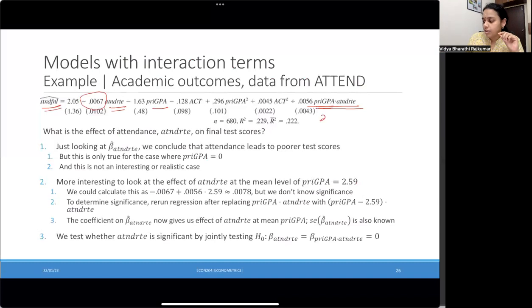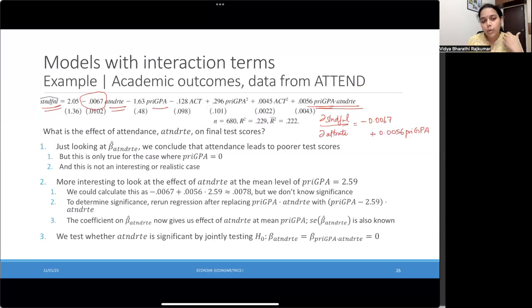Remember, dou stnd final by dou attendance rate will be minus 0.0067 plus 0.0056 times previous GPA. So if previous GPA is 0, an increase in attendance rate will depress your test scores. But previous GPA being 0 doesn't make sense, and that's also not a realistic case.